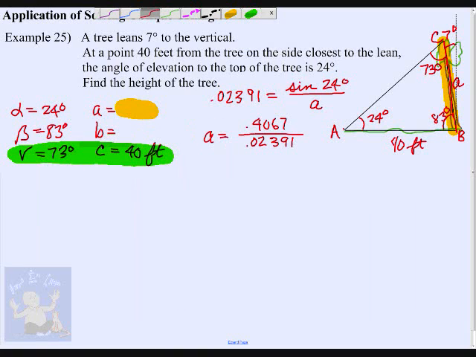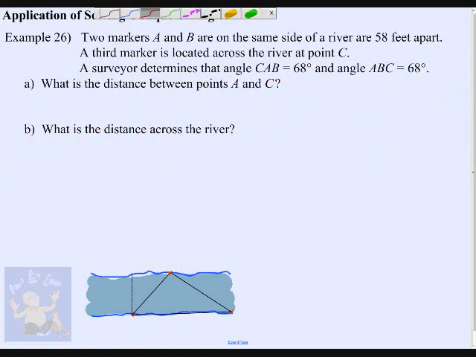That gives 17. So A is 17 feet. Very good. 17 feet, I like the looks of that. We'll go on to another example.